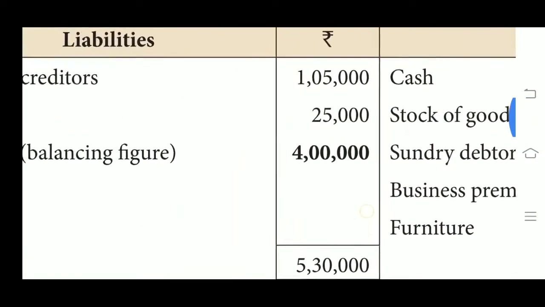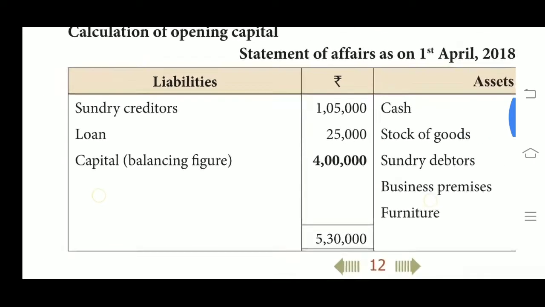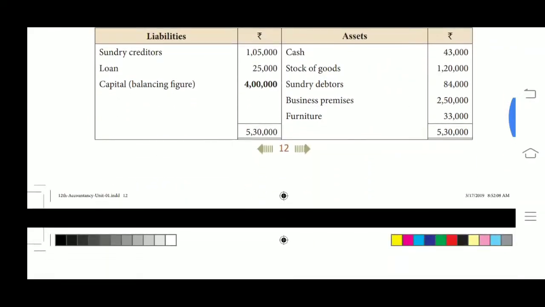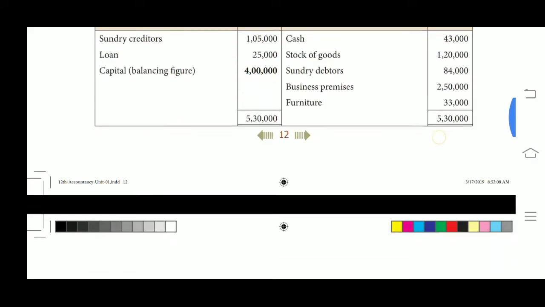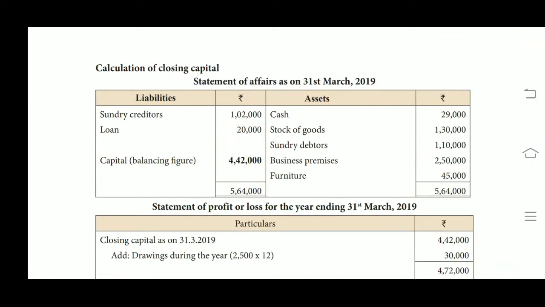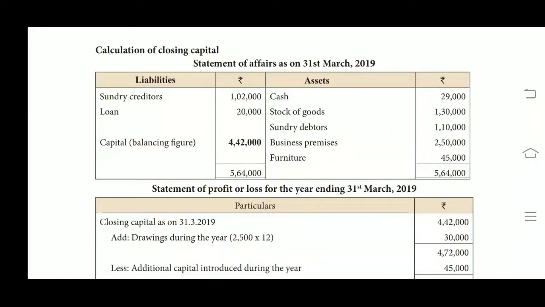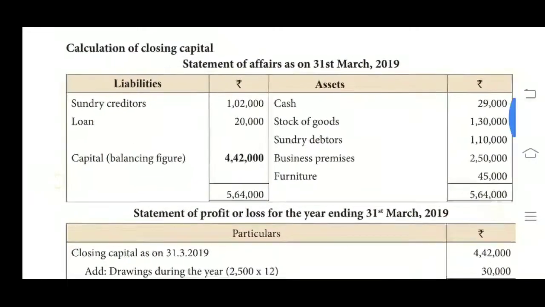And then the next step, calculation of closing capital. Statement of affairs as on 31st March 2019. The same procedure has to be followed. All the assets items will be entered into the right hand side.